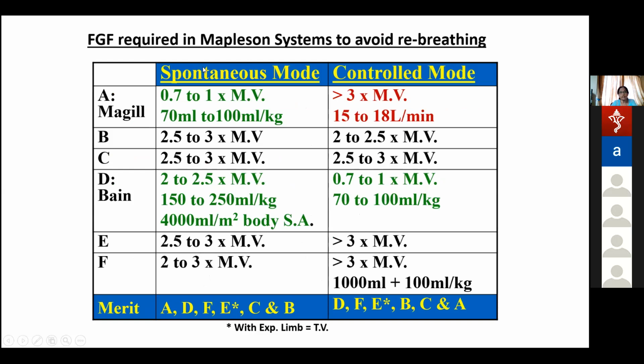Now here is a chart: spontaneous mode, control mode, Mapleson A, B, C, D, E, F. I have given you the flow rate required to prevent rebreathing in both systems. The merit for spontaneous is A is best, B is worst. Control mode, D is best, and A is worst. So this is the sequence in which you can say the merit of the circuit.